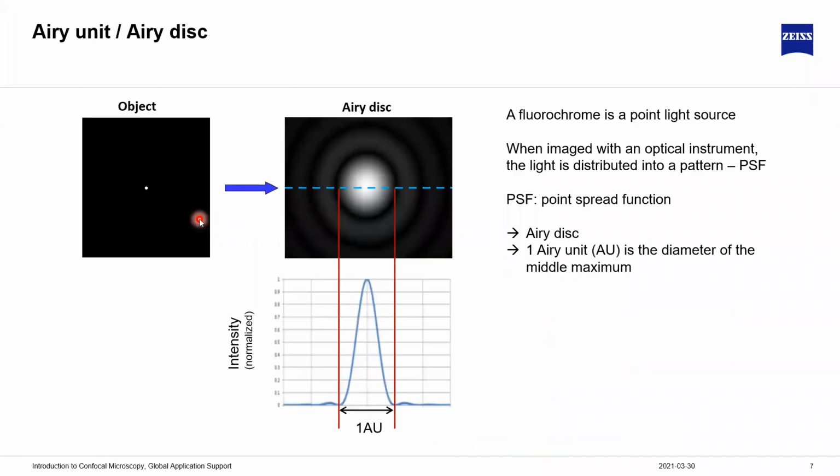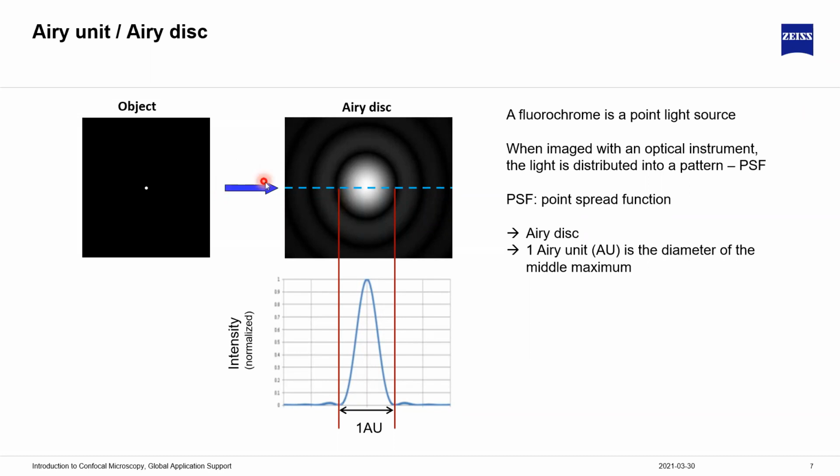When we are talking about Airy units and Airy disks, I just wanted to quickly show what I mean by Airy unit. If you have a point emitter, a single fluorophore or a single fluorescent protein, this object, which is a point, will never be seen in the microscope as a point, but it will be seen as a point spread function because of the limit of diffraction.